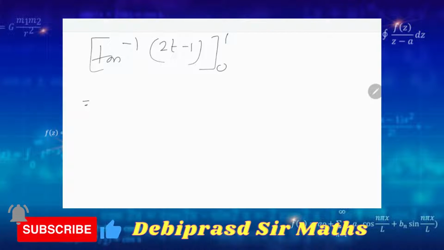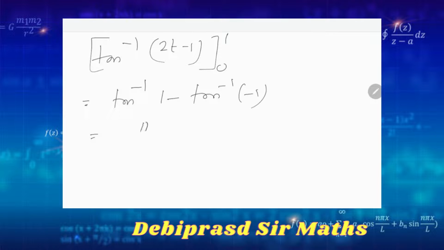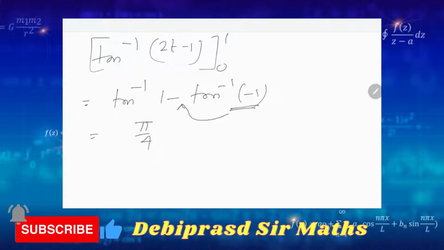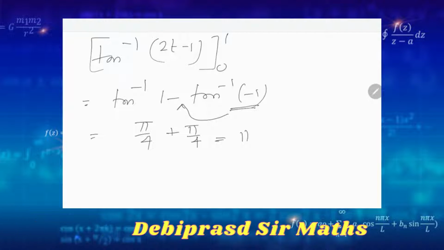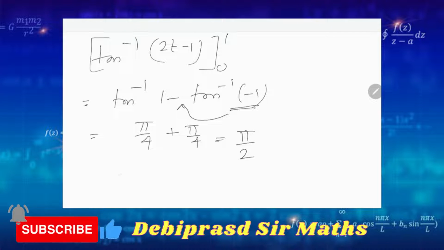Now we put the upper limit and lower limit. So we will get tan inverse 1 minus tan inverse of minus 1. This is pi by 4, and this is minus, so it becomes plus, pi by 4. That is equal to pi by 2. Therefore, I is equal to pi by 2. This is the answer of the first sum.